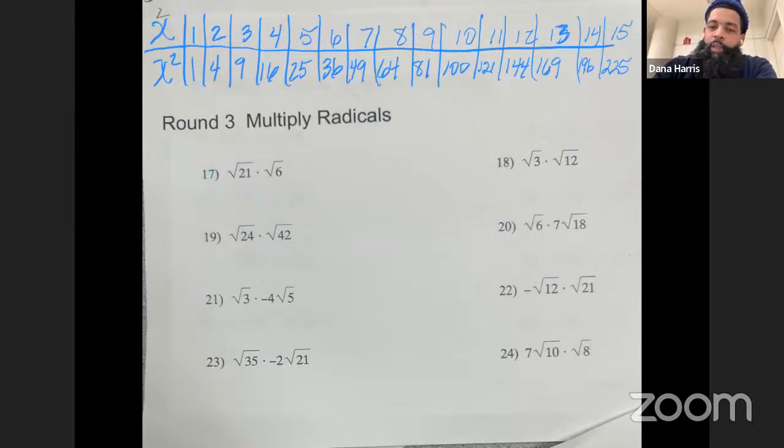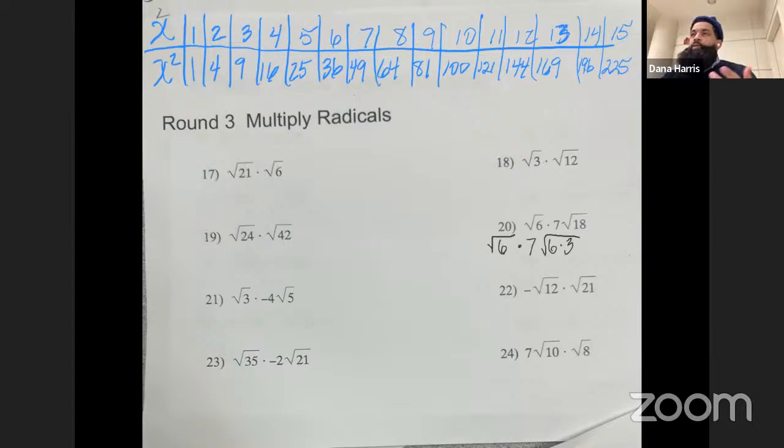Let's do 20. So I can say square root of 6 times 7 times the square root of 6 times 3.